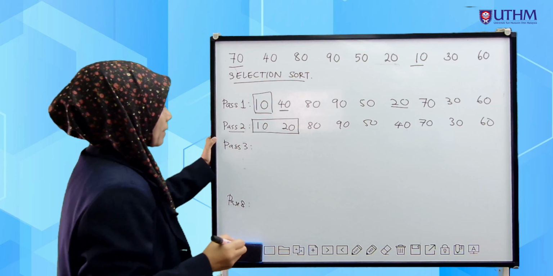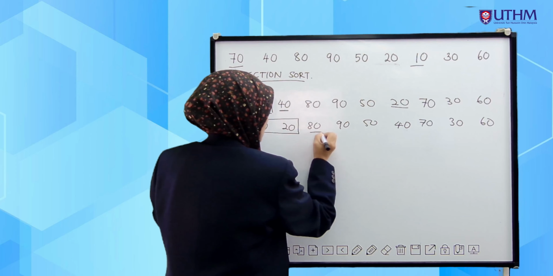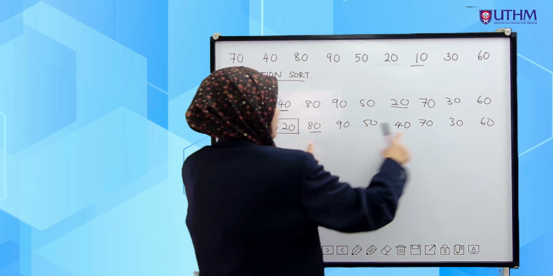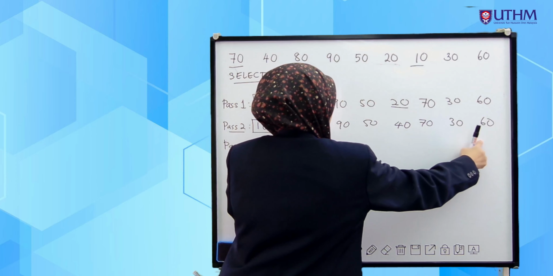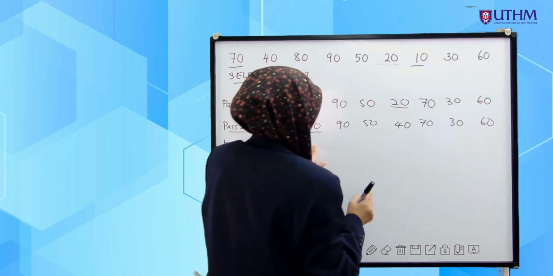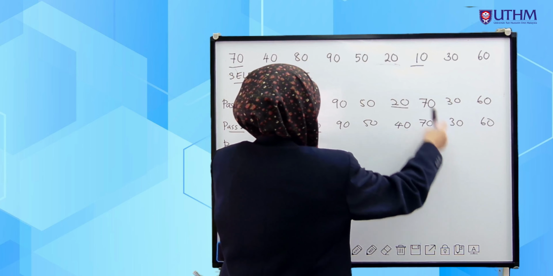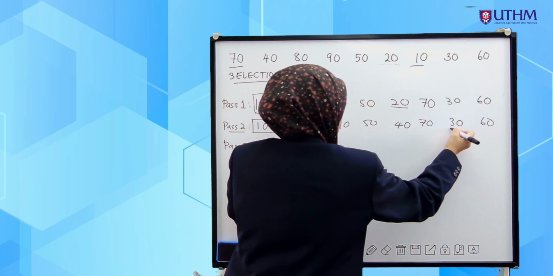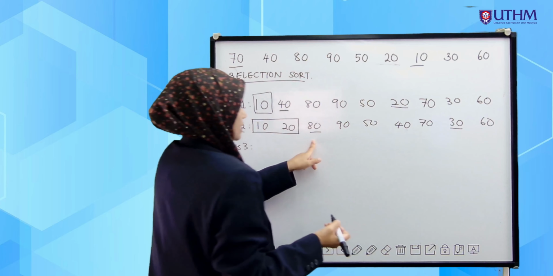In the third pass, this is our position, the third position. We have to find the smallest value from the rest of the array and swap it with the value here. The next smallest value is 30.